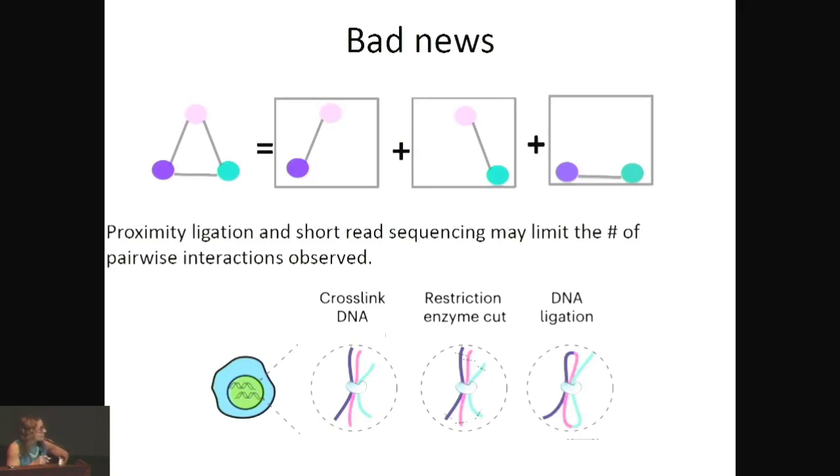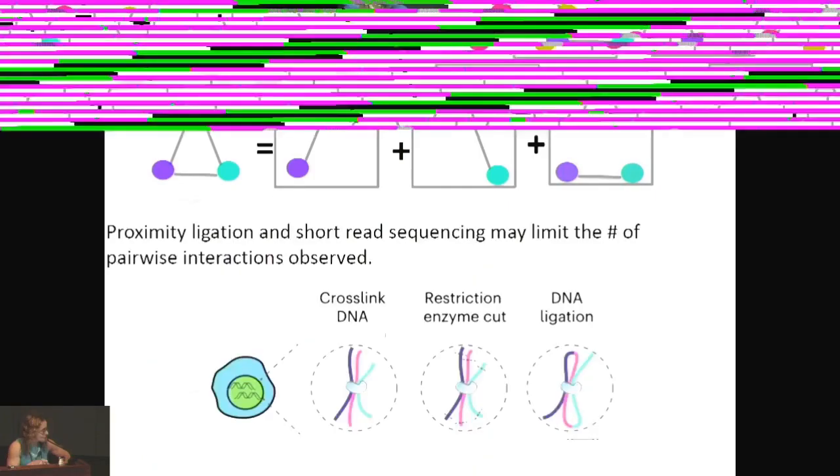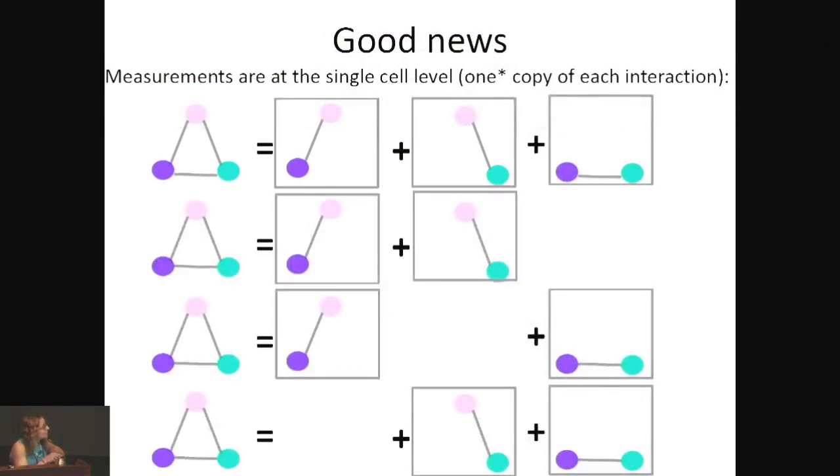So that means that you'll have this interaction, but not this one. So you are unlikely to observe full cliques. However, if you are looking for a 3-way interaction, as long as we have 2 of the interactions, we can infer that these 3 loci must be interacting.